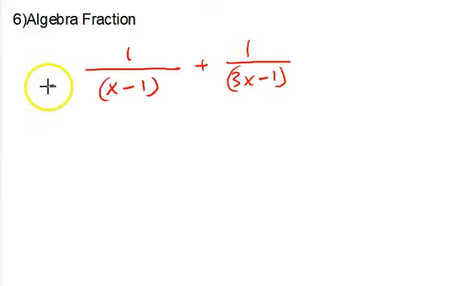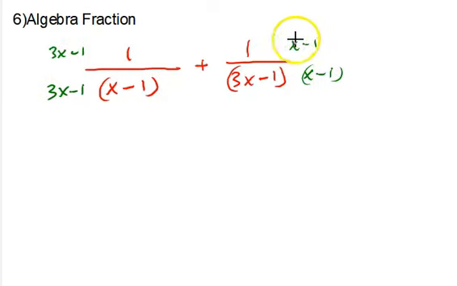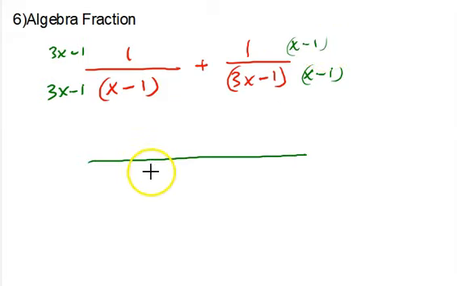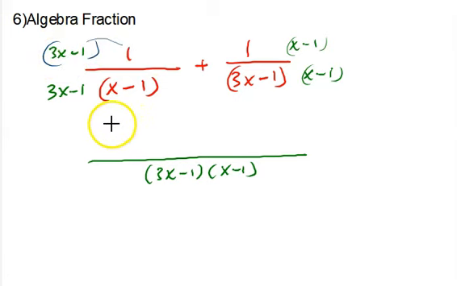Take the whole thing here, multiply up and down, and here we are going to take this, we are going to multiply it here. Okay, for this you don't have to write it 2 times, so we just make it only once, and we are going to write both of them. Okay, so here multiply with 1, and we will have 3x minus 1 plus this one, so it becomes x minus 1.